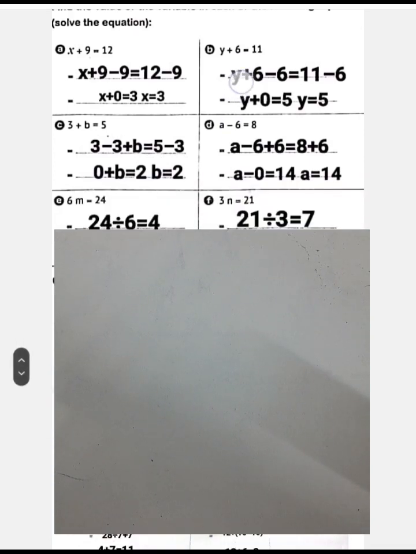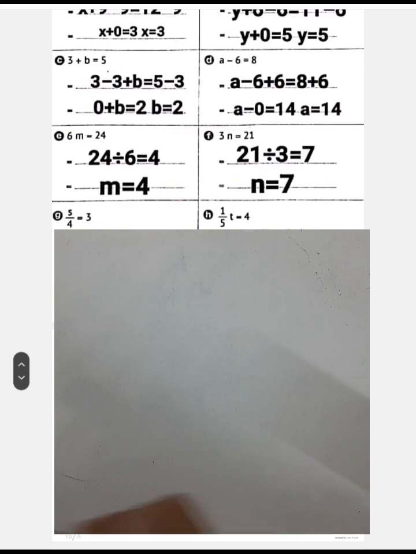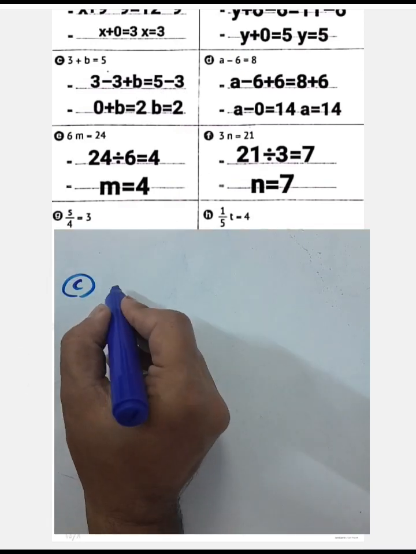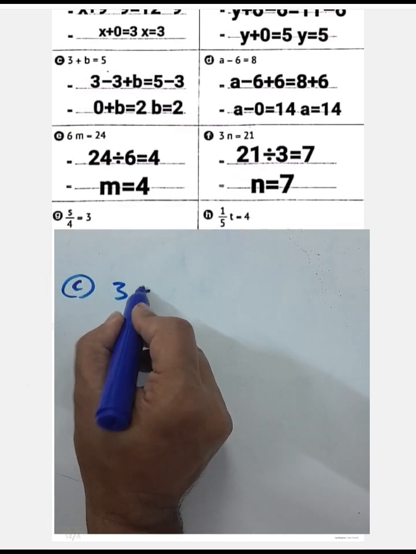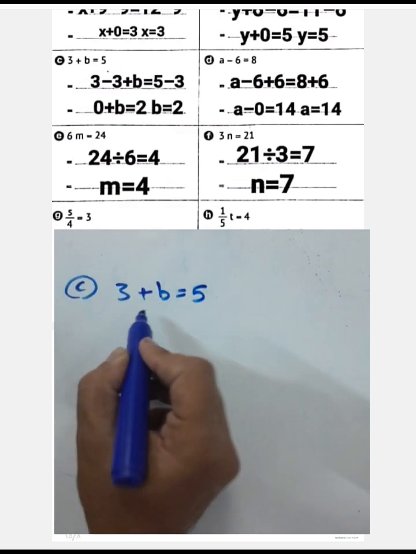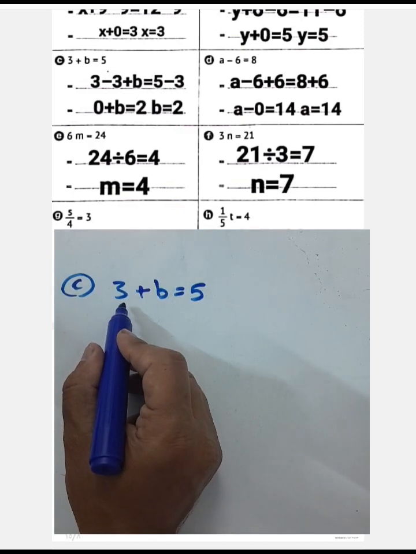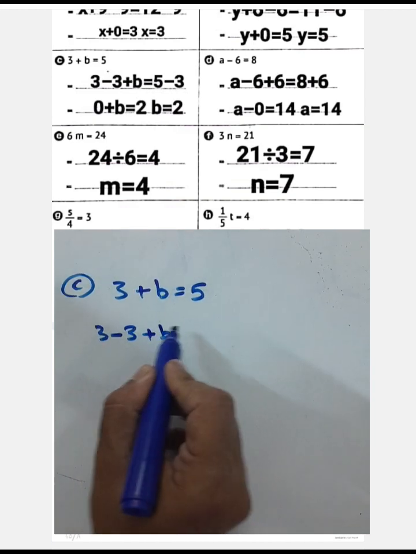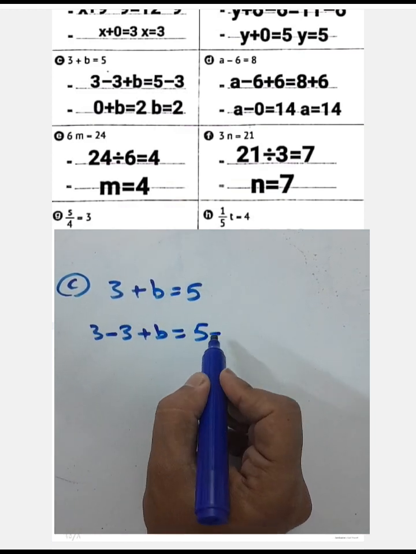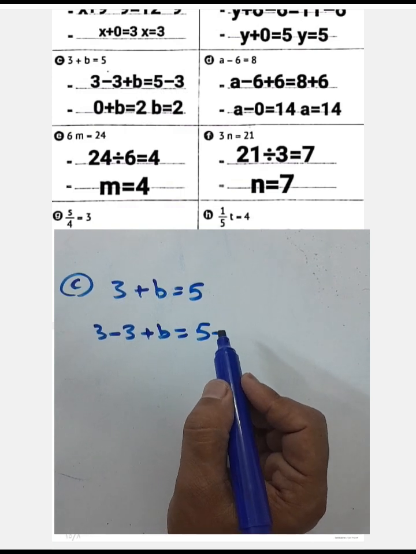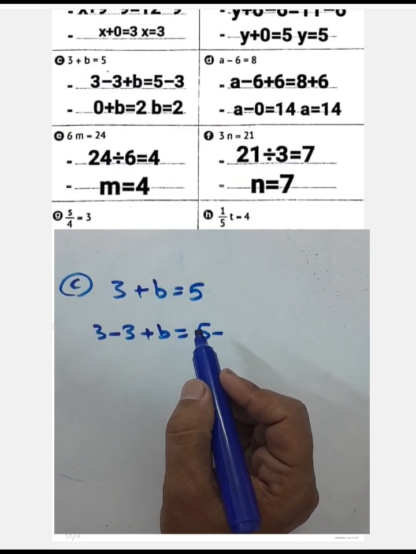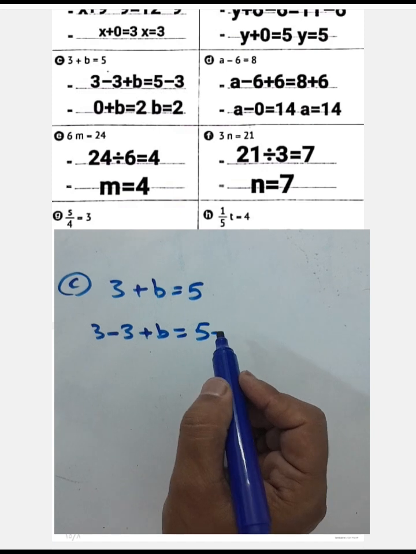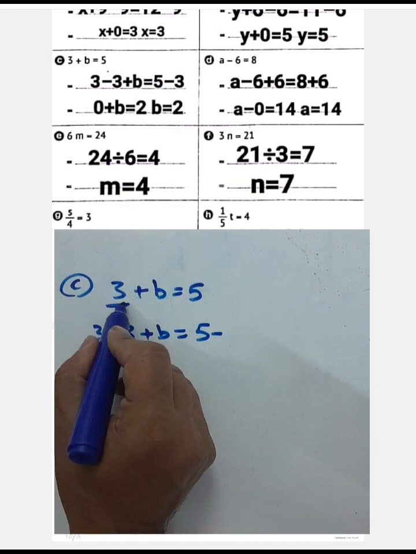Letter C. We have 3 plus p equals 5. You must cancel this number by adding its additive inverse. 3 minus 3 plus p equals 5 minus 3. The additive inverse of 3 is negative 3.